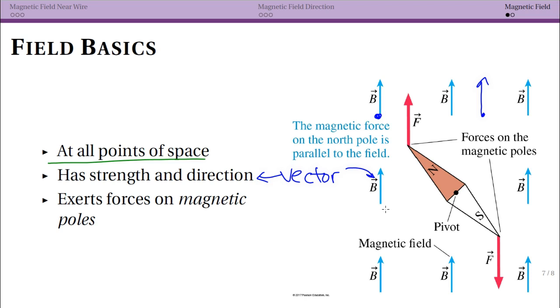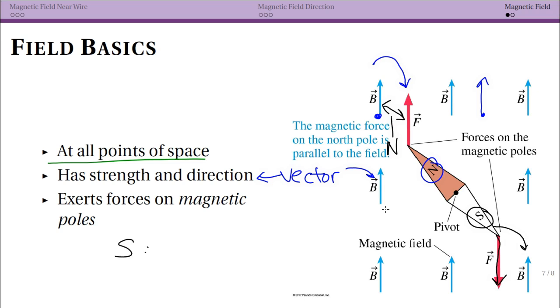But now our magnetic field causes a force based on a pole. And note that if we have a north pole, the force and the magnetic field are parallel. So this is our north pole. On the other hand, our south pole and the magnetic field give us a force that is opposite.